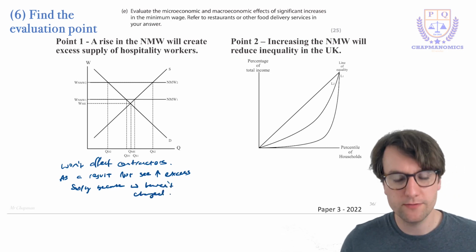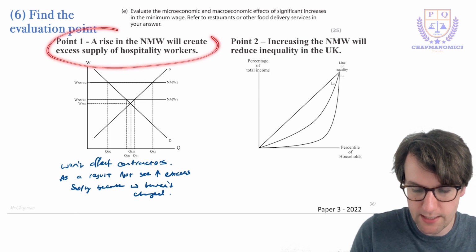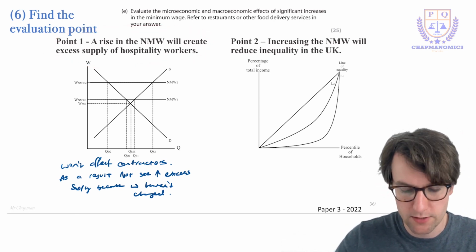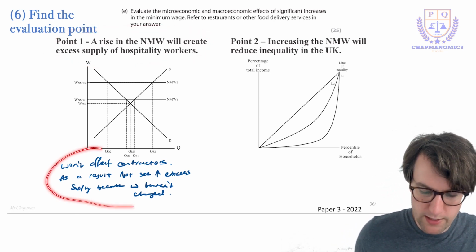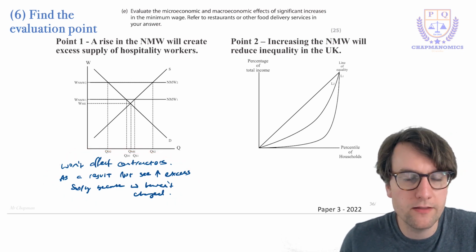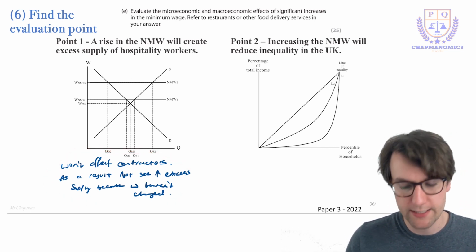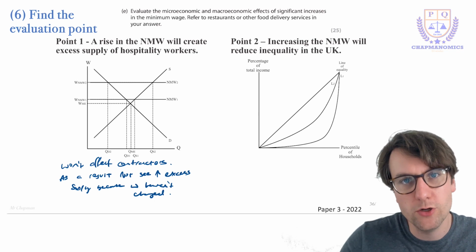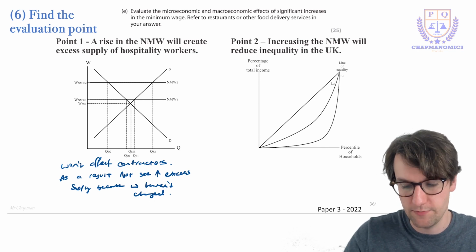So what we're arguing here is that in one breath, we're saying a rise in the national minimum wage is going to create an excess supply of these hospitality workers. But also we know that these guys are contractors and those contractors aren't affected by national minimum wage legislation. And so we might not see such a rise in excess supply.